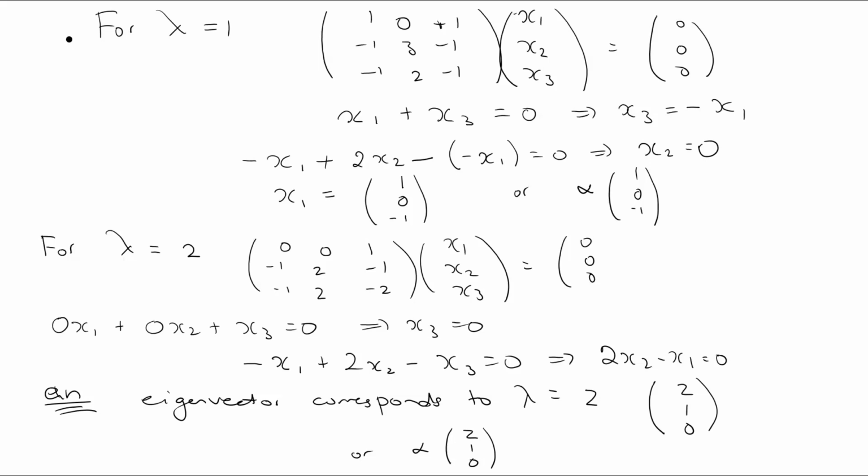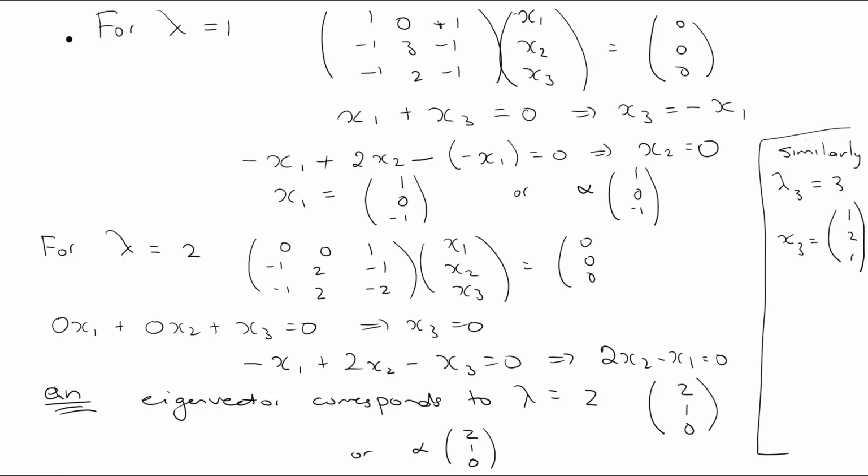And similarly, given that the third value of lambda is 3, we can do the same analysis to find that the eigenvector is 1, 2, 1. So we've found the solutions for what we set out to find.